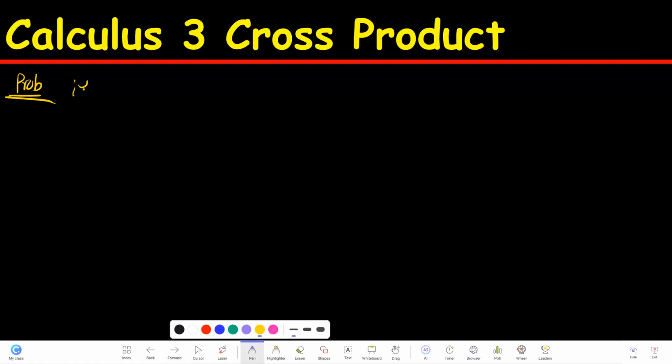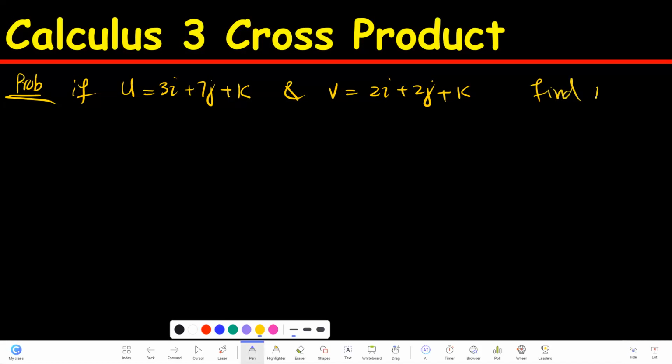Okay. If u equals 3i plus 7j plus k and v equals 2i plus 2j plus k, find u cross v here in this case, and we need to find out the angle.